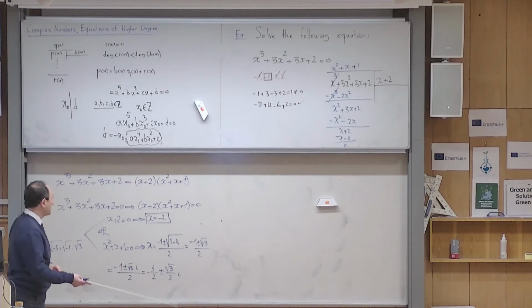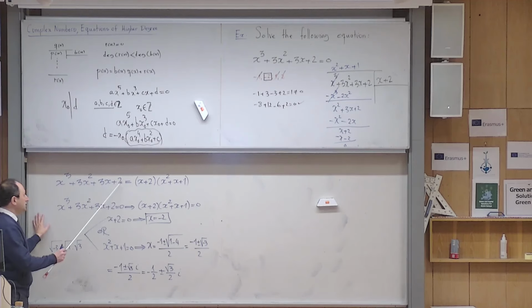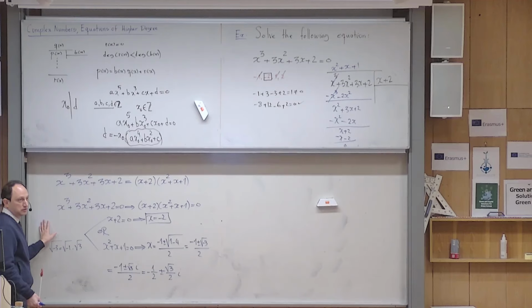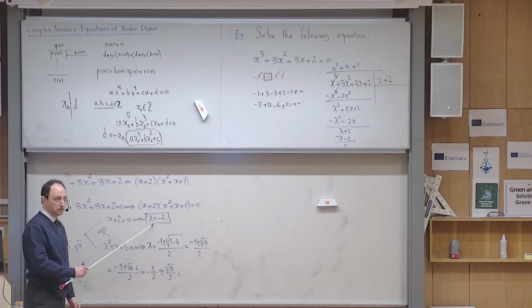But let me test your understanding a little bit. Let us say that I draw the graph of this function by GeoGebra. How many intersections with the x-axis will you expect? The first impression is that it should be 3. But no. How many? 1. Because one of them is real.